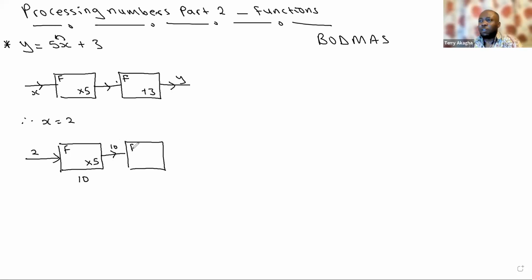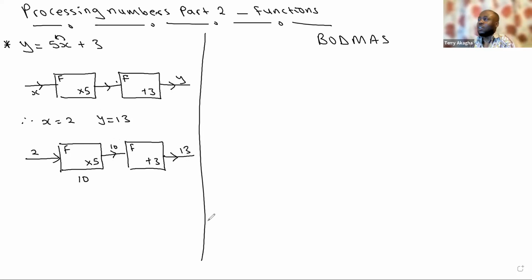Now it goes into the next function, and you add 3 to it. The answer you will get here is 13. So the output for this function at x is equal to 2 is 13.